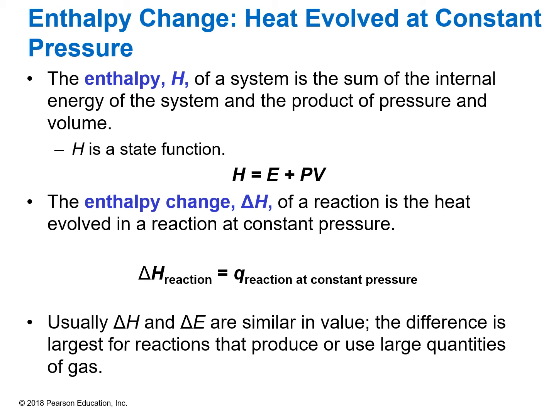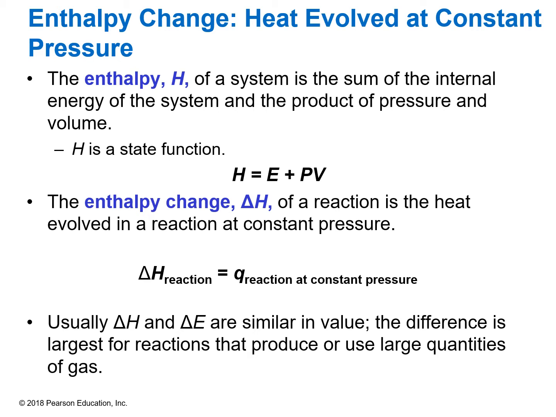So for us, the equation gets very simple, and we would say that the delta H of a reaction is pretty much going to be equal to the Q of the reaction as long as the pressure is constant over the course of the reactions. So it sounds complicated. At this level, we're going to keep it pretty simple so we can use this information of delta H and see how it applies to chemical reactions.